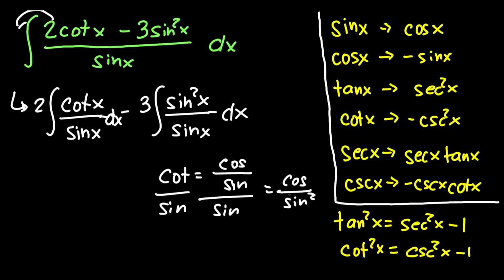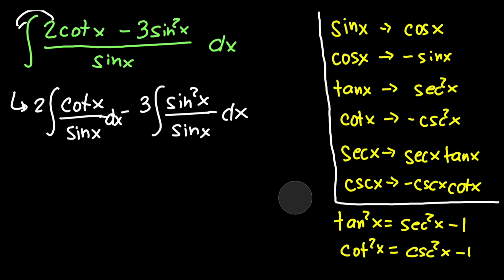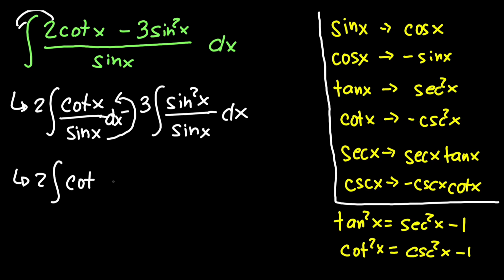You will not be able to gain anything here unless you use u substitution. But for this, there is a much simpler way. Just move sine to the top. So this should be 2 integral of cotangent multiplied by the inverse of sine, which is equal to cosecant.